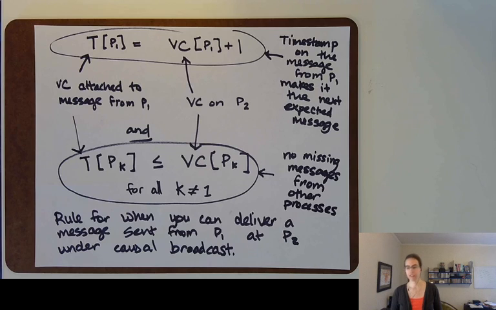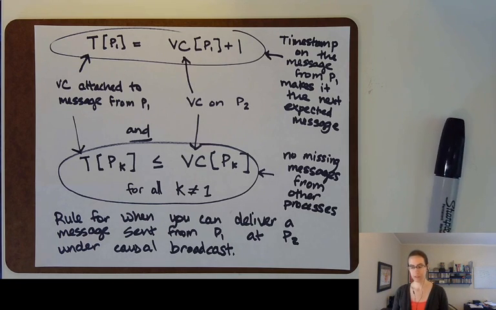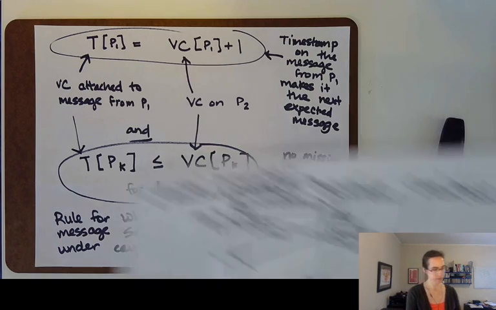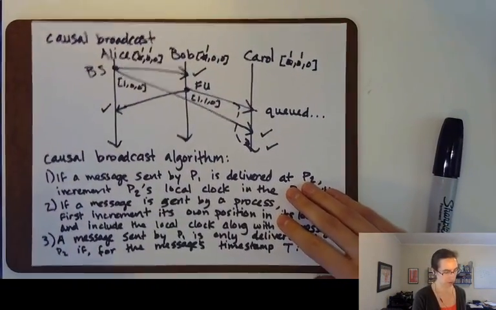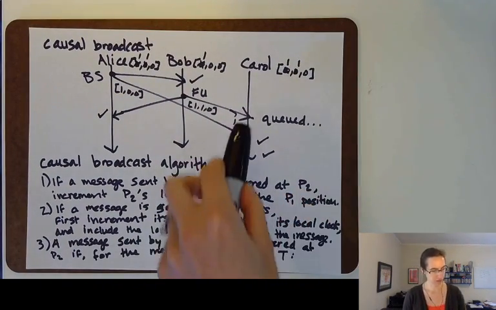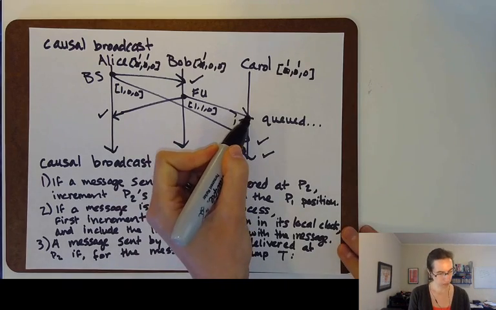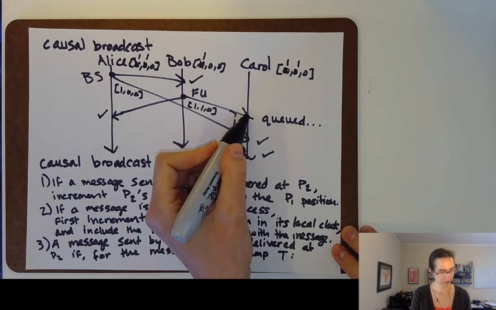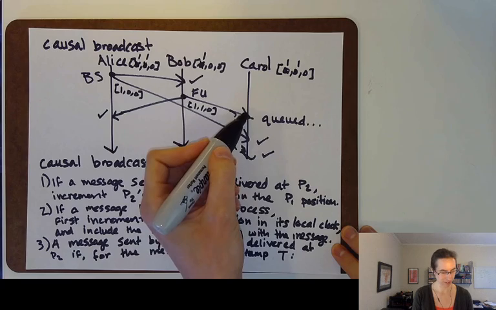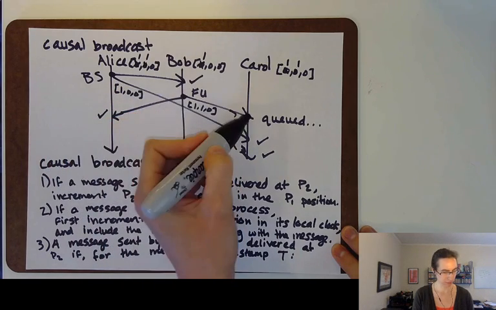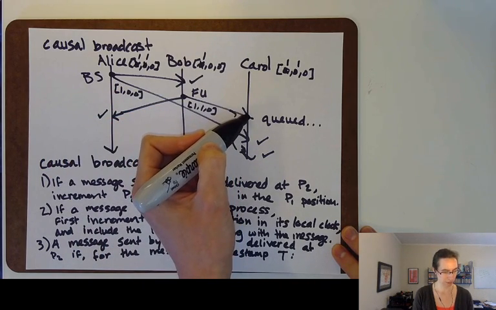The general idea here is to make sure that the sender doesn't have more information than the receiver about the state of all of the other processes. So in particular, we want to rule out this kind of situation where this message here would cause confusion on Carol, because Bob knows about some state that Carol doesn't know about yet.